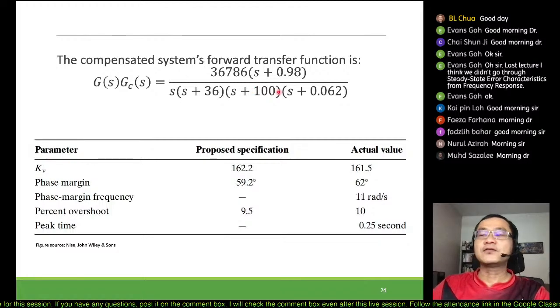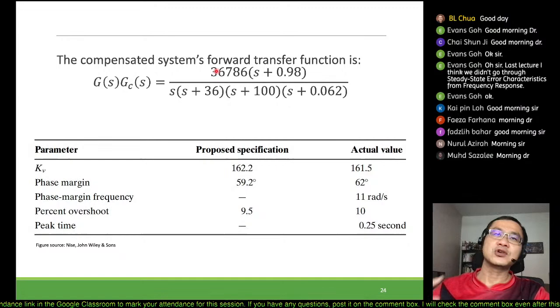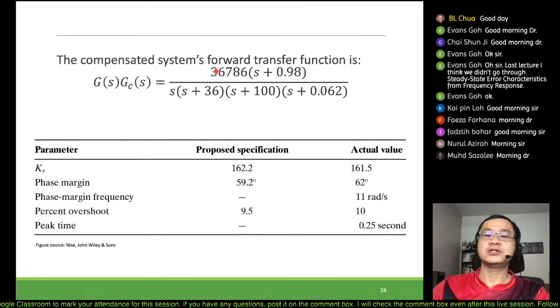After you get this, when we come to design we always want to recheck whether it's correct or not. You have to do an iteration and adjust it again if it is far away from what you desire, and recheck whether the actual value is proper or not.